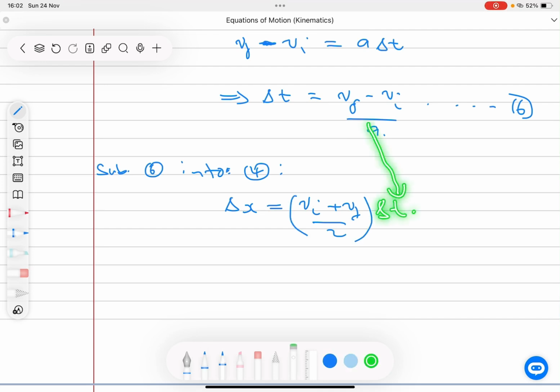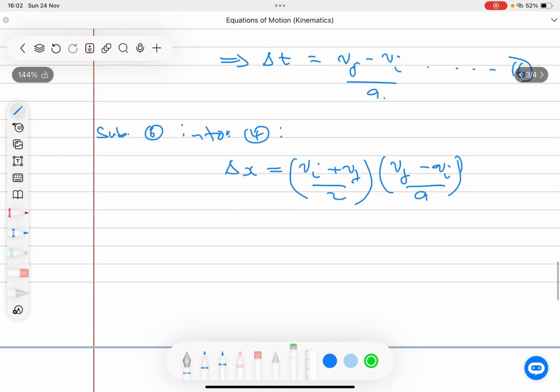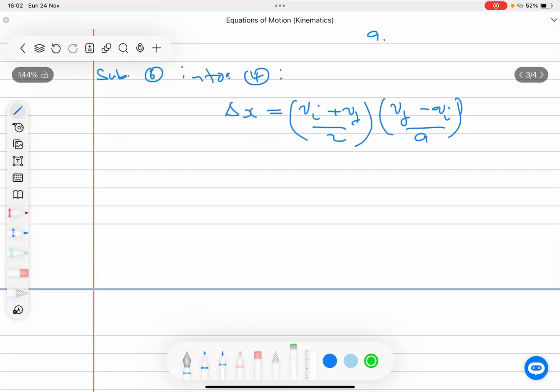Remember that here we used to have change in t, and I'm saying now the change in t is given by that. So this means here I'm going to have vf minus vi all over the a, right, which is this guy here.